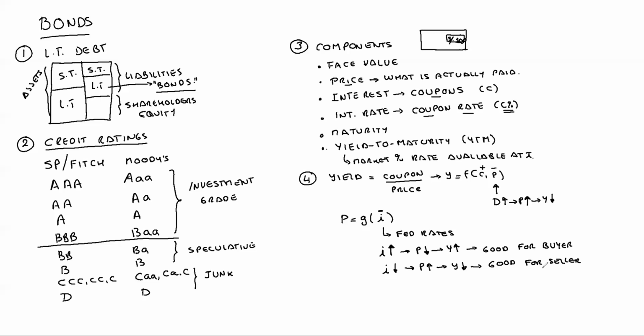So this is the way that the relationship flows: interest rates move prices, prices move yields, and the yields move the decision rules of individuals. Make sense? Guys, questions?